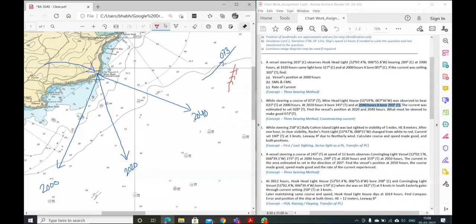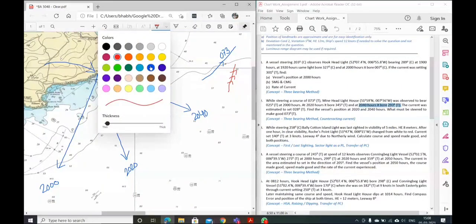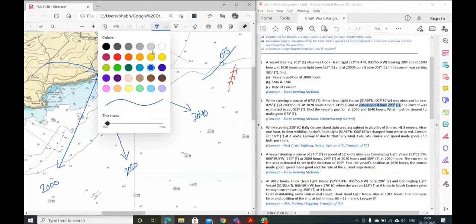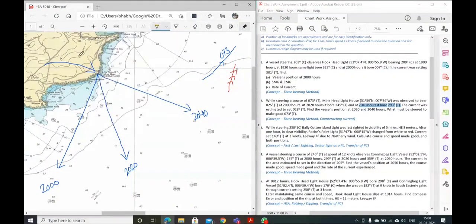Okay. So this is also a straight and simple question on the three bearing method. So we draw a line passing from the lighthouse, which is clear of the three bearings. So let's draw it in yellow color. In this case, the ratio is perfectly same, 20 minutes each side.